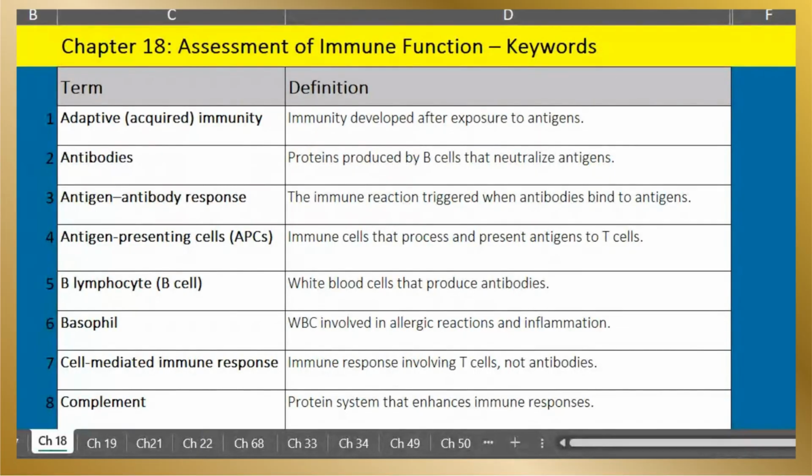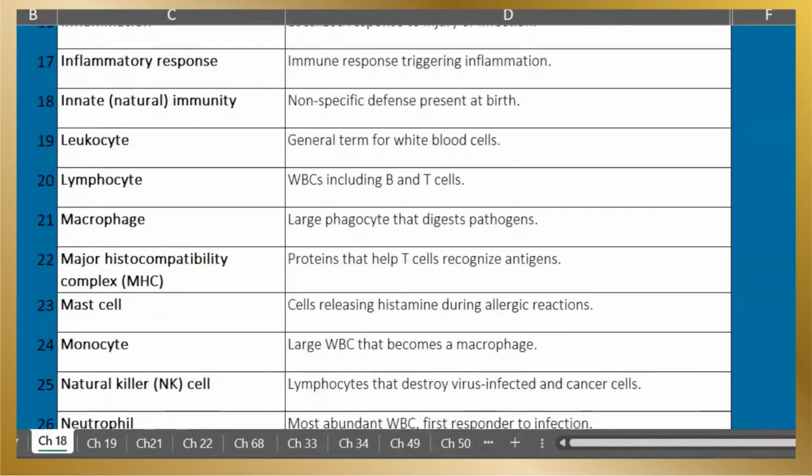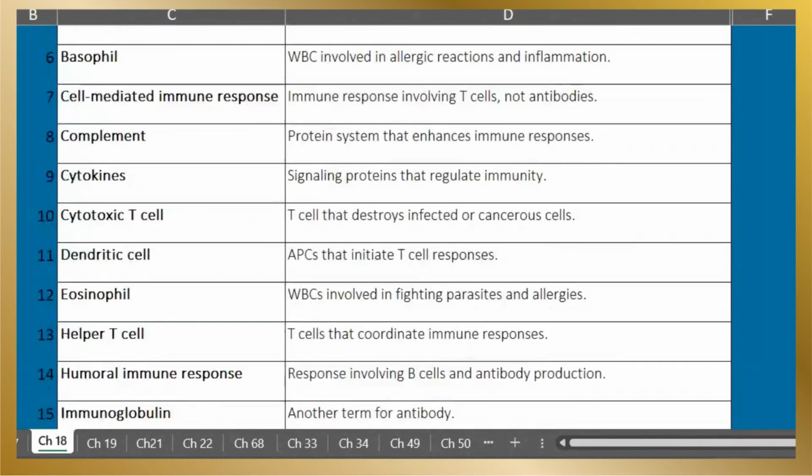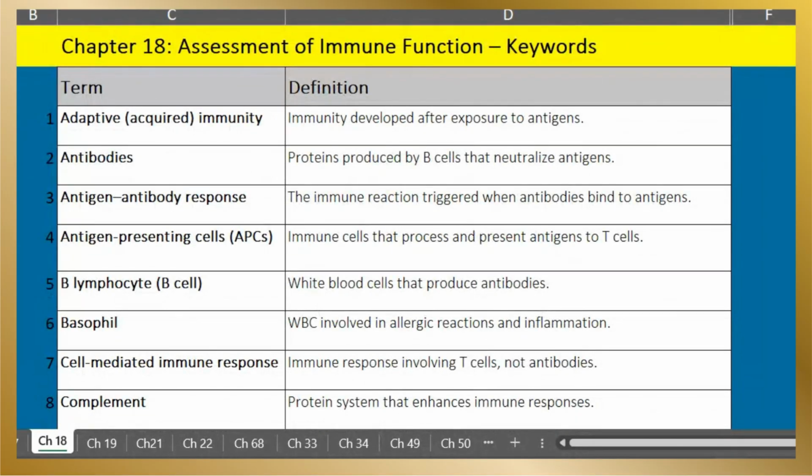We have 30 keywords, so it's very long, but those keywords are not just bolded ones. They are actually the brain map, the concept for this chapter, because if you know these, then look at my outline, a little concept map with boxes, and you already know what the chapter is all about.